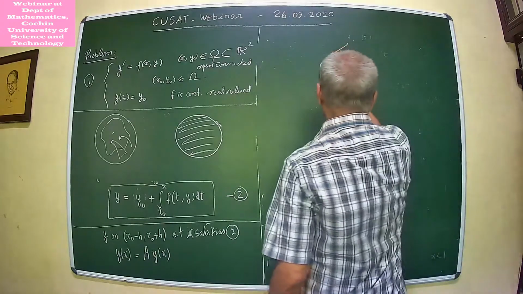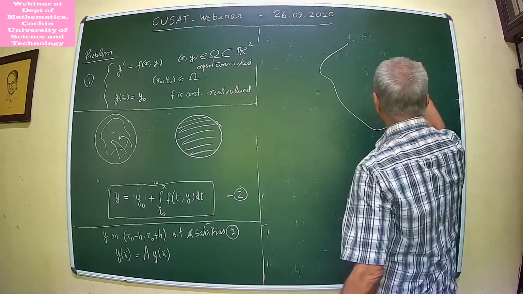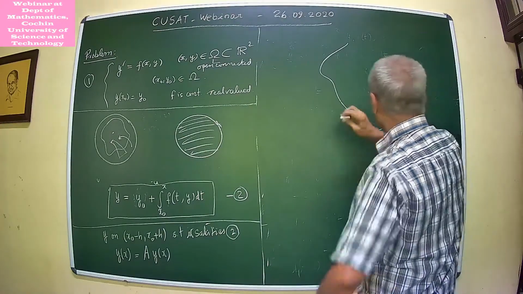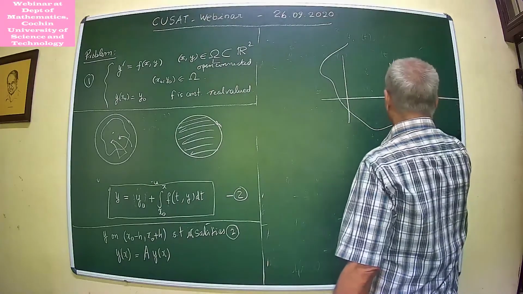So I start with the region I considered. I have (x_0, y_0), the initial data that is given for the problem. So x_0 is some point here.